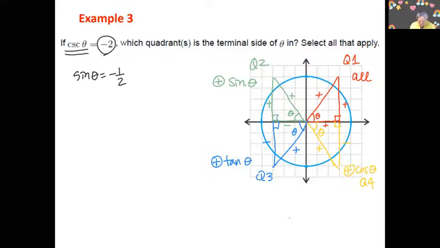So the only possible quadrants where sine and cosecant remain negative are quadrant 3 and quadrant 4. So you pick quadrant 3 and quadrant 4. That's the answer. Any question? Then we have only one example left. Let me save it.